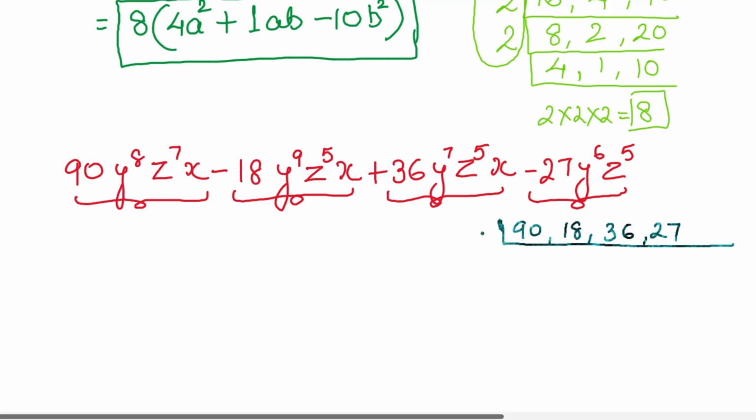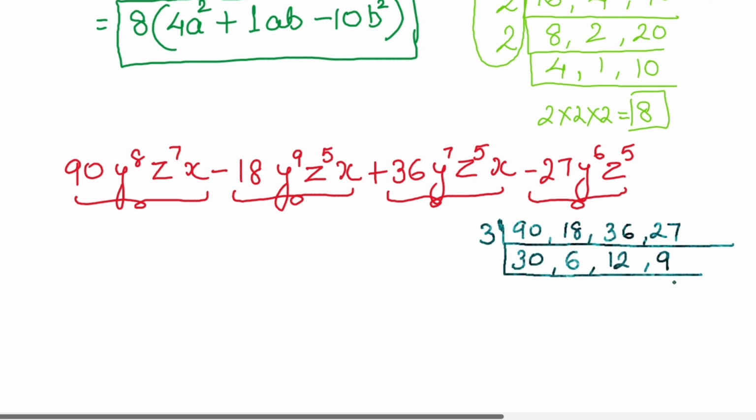The first number we can think of is a 3. Now 90 divided by 3 is a 30. 18 divided by 3 is a 6. 36 divided by 3 is a 12. And 27 divided by 3 is a 9.